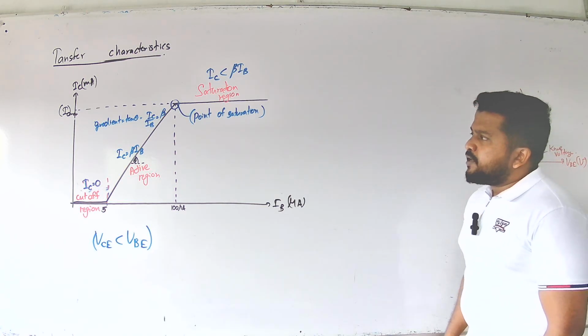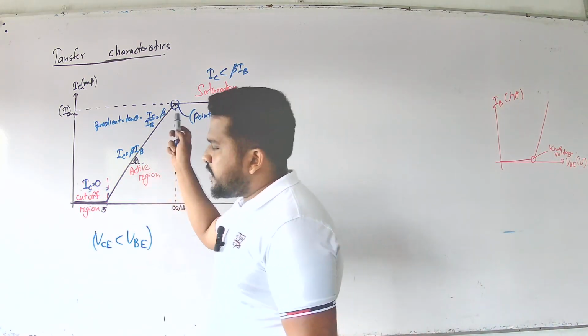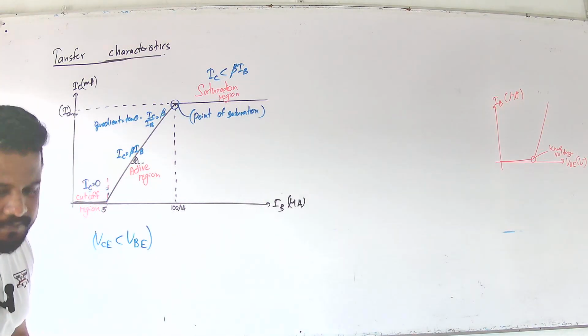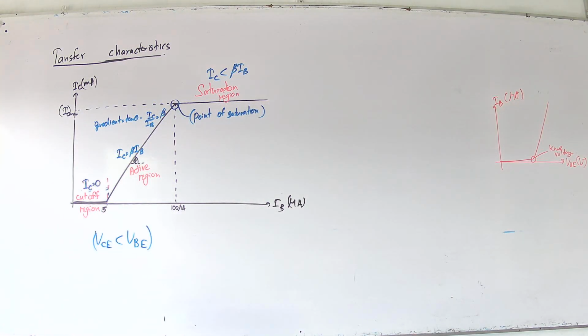The portion of the linear path is called the active region.